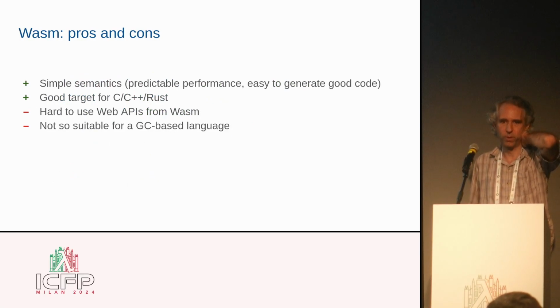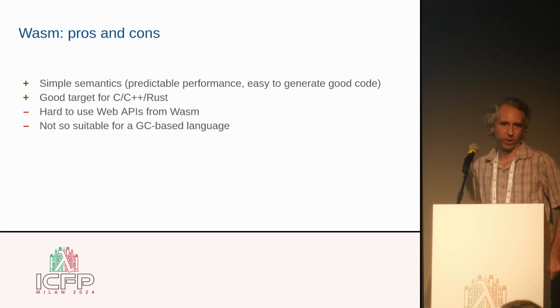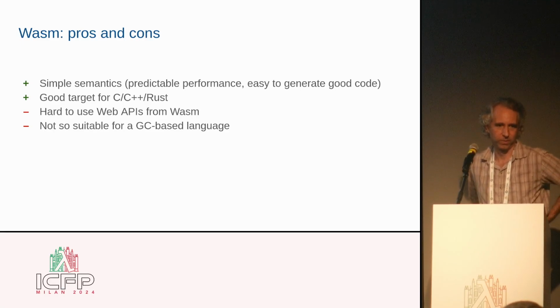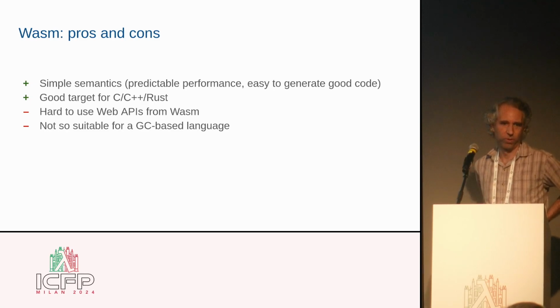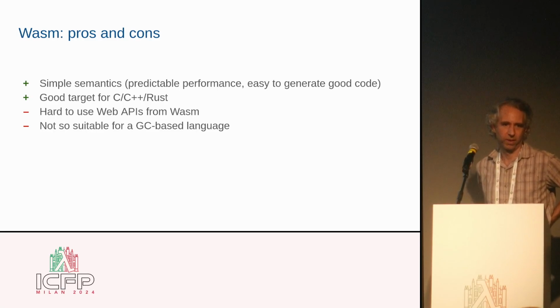A good thing about WASM is that it has a simple semantics. Compared to JavaScript, it has much more predictable performance. And also, for the implementer of the WASM engine, it's much easier to generate good code than with JavaScript.